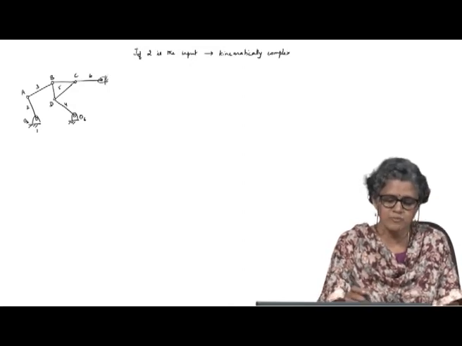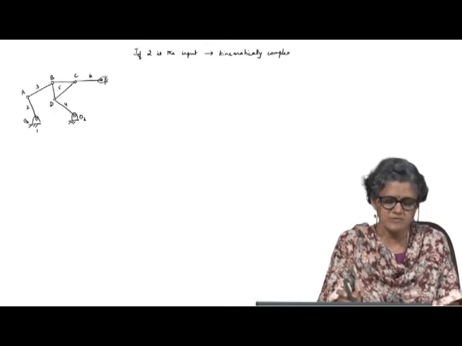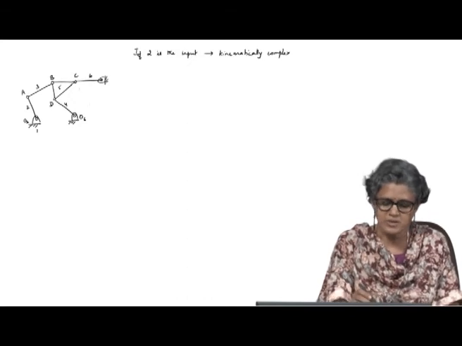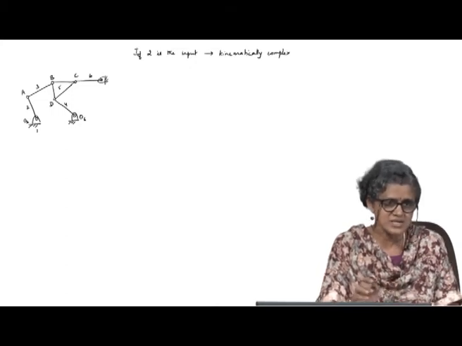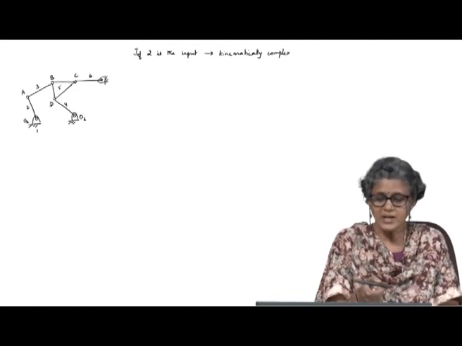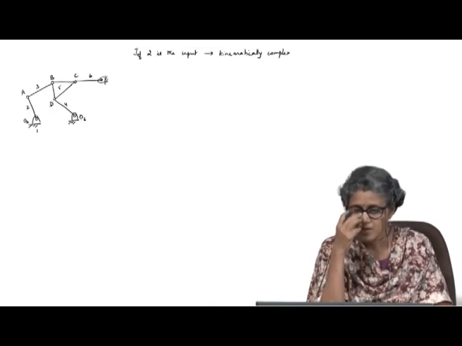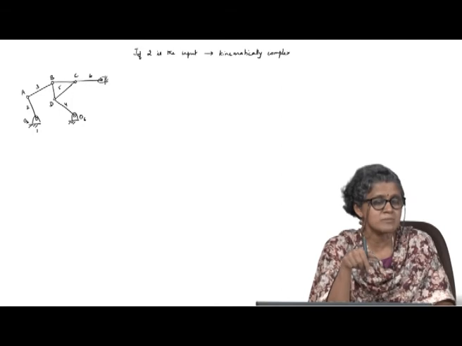That is just my 4 bar. I find the acceleration of B after solving the acceleration of this 4 bar loop, and A is on a link that is connected to the ground. So, that is straightforward. I can apply the acceleration difference method, but I can't do that if 2 is the input, and using inversion and all that is a little bit more complex when you come to the acceleration analysis.